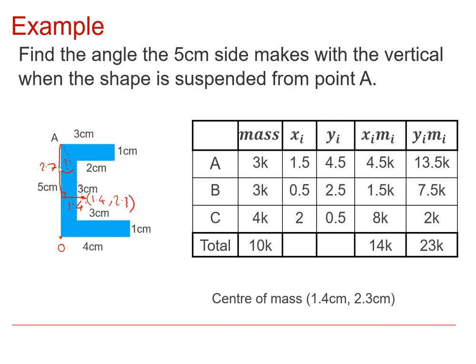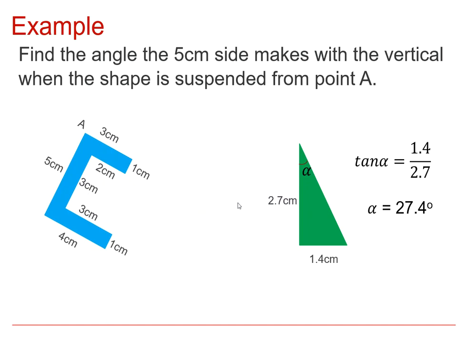Then it's just a case of using trigonometry. I can see that the tan of that angle will be 1.4 over 2.7. So do the inverse tan of 1.4 over 2.7, and that will give me the angle that I require. So there we are then. The tan of the angle is 1.4 over 2.7, giving an angle of 27.4 degrees, and we can see that on our diagram.